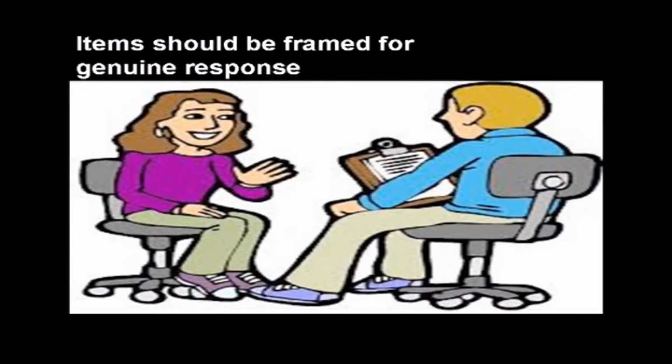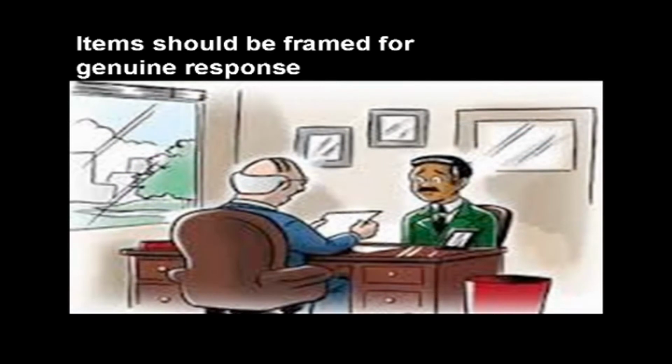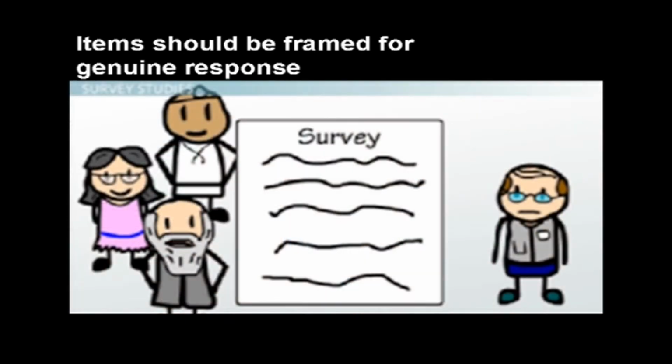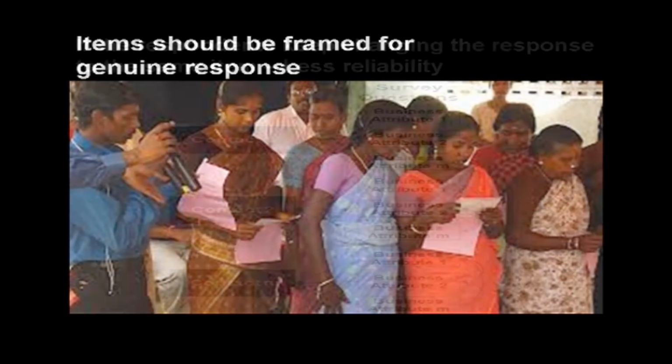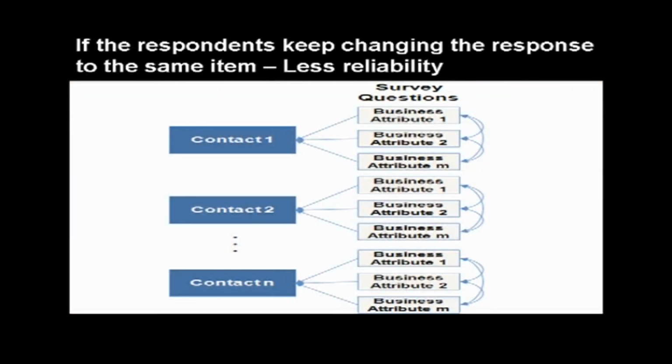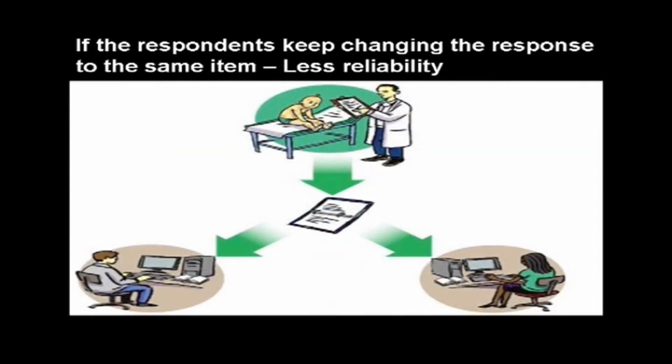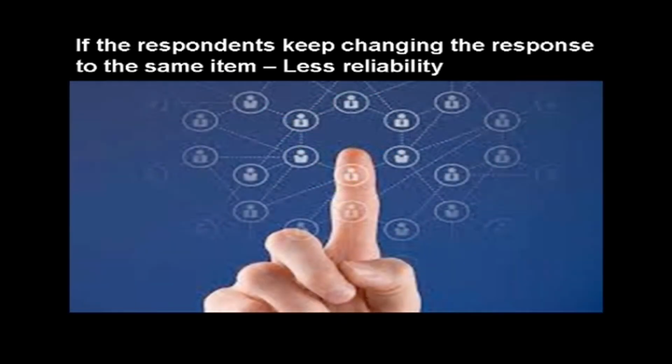The investigator should frame his item in such a way that the respondents could give only the genuine response. If the respondents keep changing the response to the same item when asked repeatedly, it will mean that the reliability of the design is less.